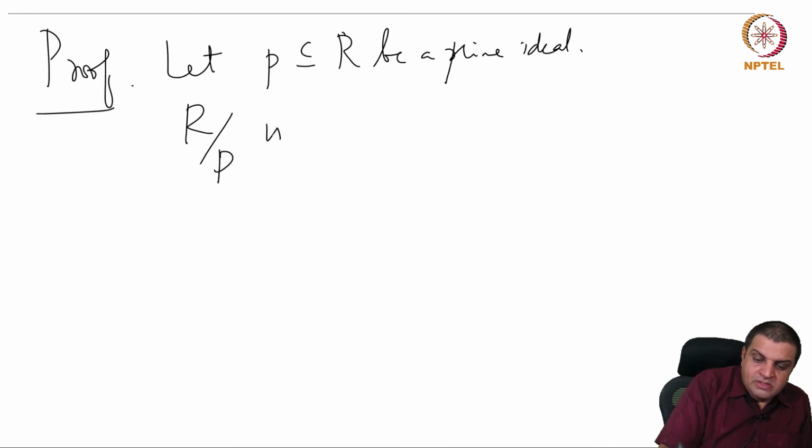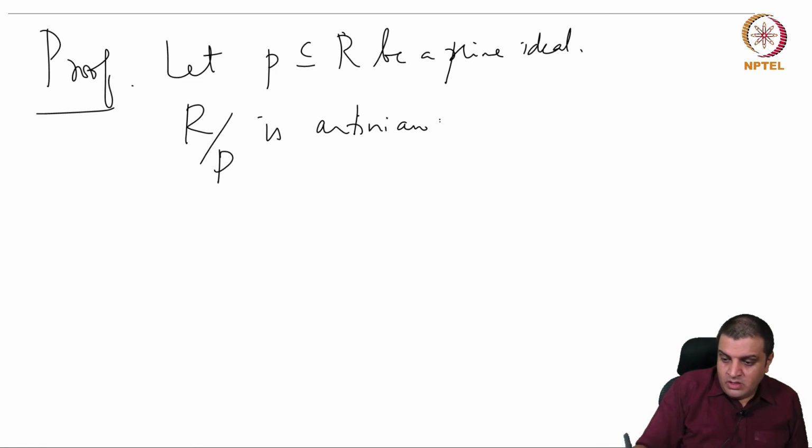So R mod P is Artinian. Suppose it is not a field.